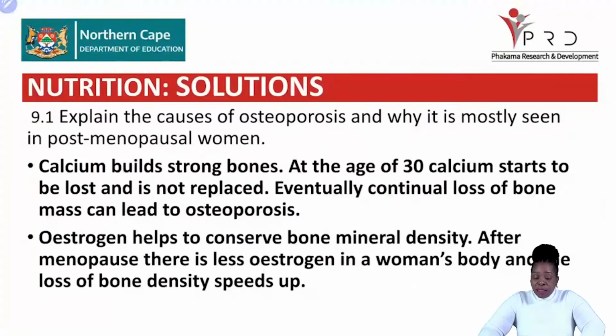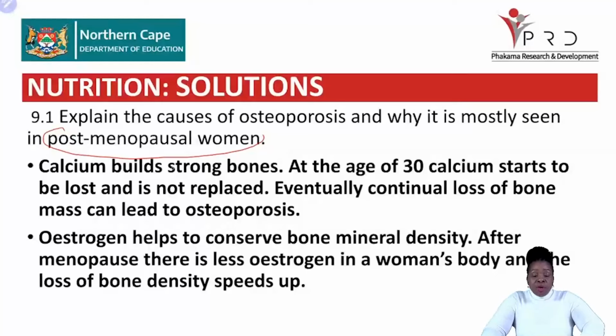Our question says, explain the causes of osteoporosis and why it is mostly seen in postmenopausal women. Postmenopausal means these ones no longer go for their menses, or they are no longer menstruating. They are at the menopause stage. So we call it postmenopausal.